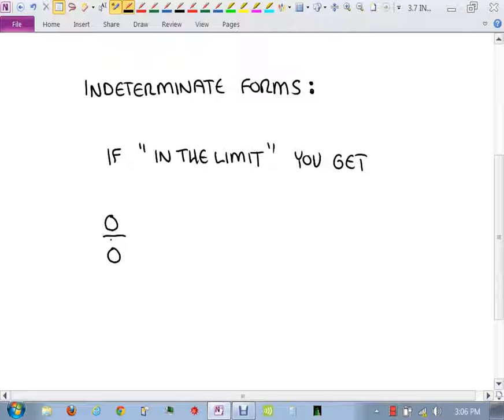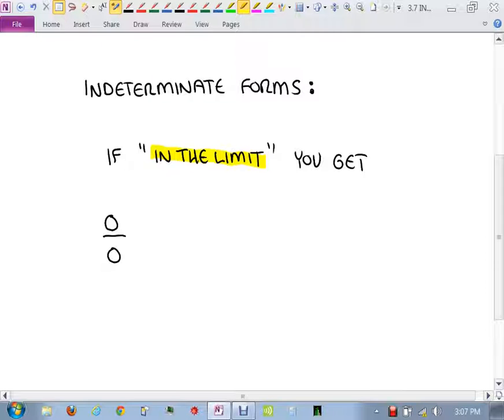Remember this? This was one of the first things that we ever stumbled across with limits. We said, oh, the numerator's headed to 0, the denominator's headed to 0. So if in the limit, as you take the limit of something, you get something that looks like 0 over 0, that's what we call an indeterminate form.